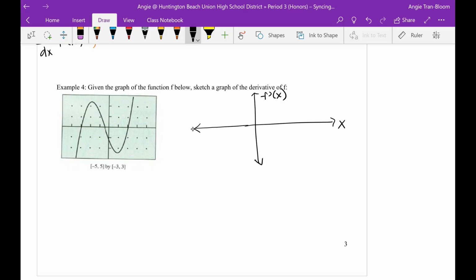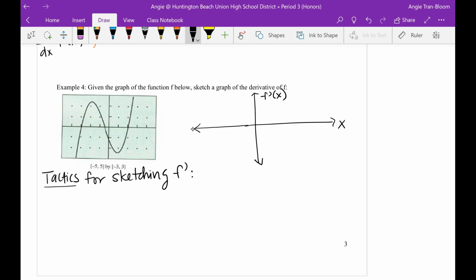It's called f prime. So what we are going to start with is to identify where your derivative is 0. Okay, so tactics for sketching f prime.